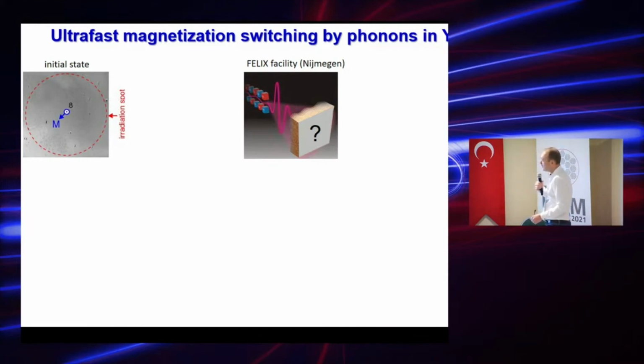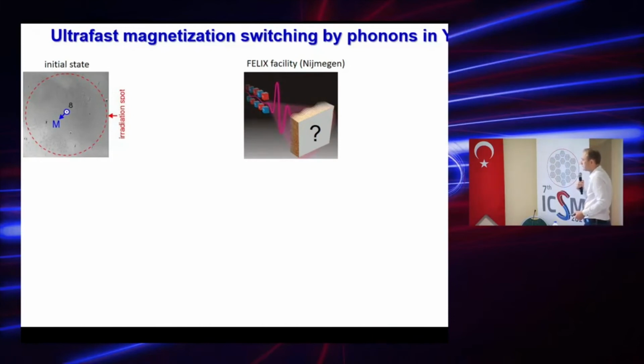Okay, we can start from the initial state of the magnetization, applied magnetization with single phases, oriented in domains. So after inducing a single pulse from laser irradiation, a free electron laser in the infrared range.